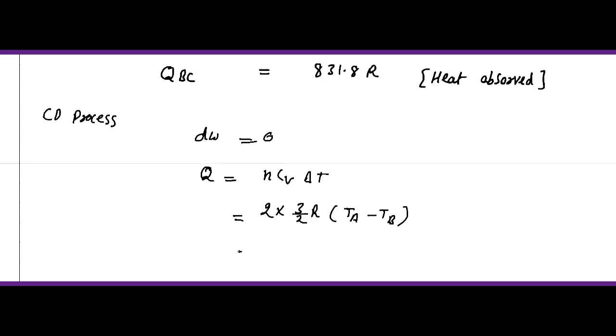After calculating this term will come 3R into minus 300, and here it is equal to minus 900 R. So that means heat is released.